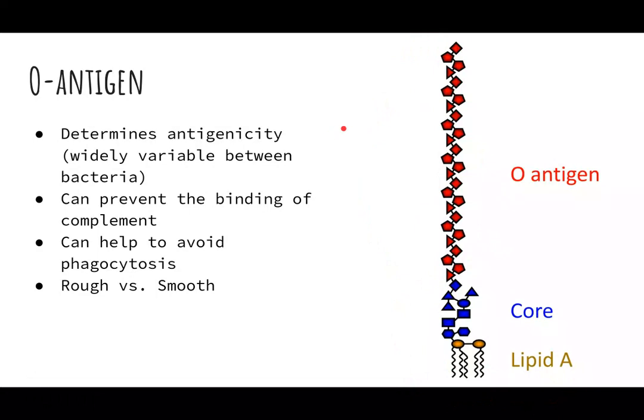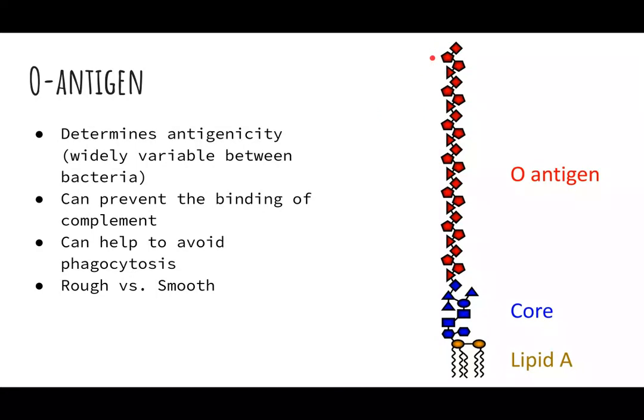So it's what your immune system actually recognizes to identify one bacteria and to tell them apart. This varies widely between bacteria, which makes it difficult for the immune system to recognize even closely related bacterial strains, which helps them to avoid the immune response.